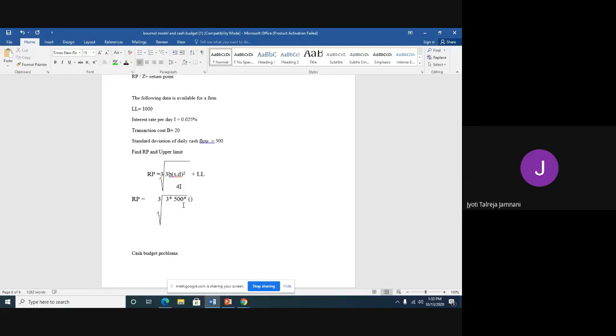So you need to take, sorry, the value of B is 20. Yeah. B is 20 and standard deviation is 500. So you have to take 500 square. So 500 square we have to find.